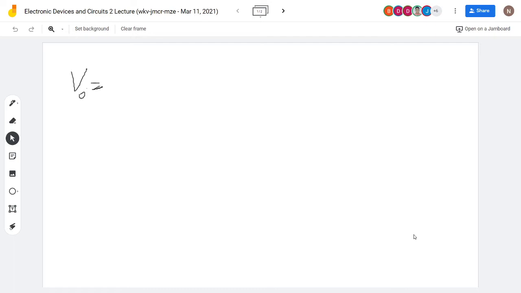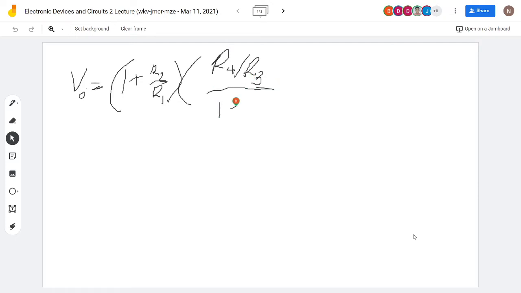So we said that the equation was 1 plus R2 over R1, times R4 divided by R3, all over 1 plus R4 divided by R3.